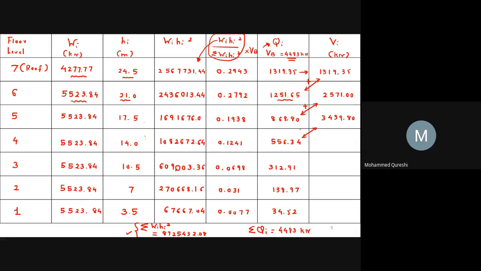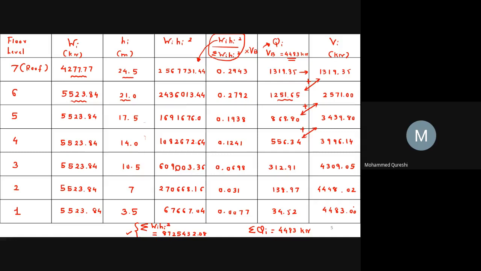Similarly, after adding this value, we will get 3996.14, 4309.05, 4448.02, and lastly 4483.00.